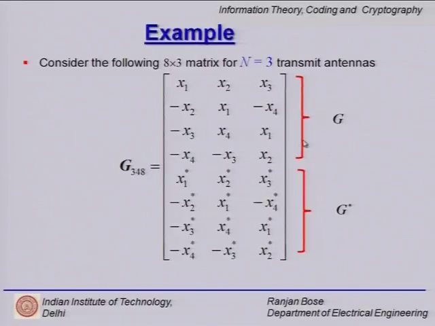The top portion is my G and the lower portion is my G star, and lo and behold, we have our newly constructed generalized complex orthogonal design available, and one can verify that G Hermitian G will give me elements only along the diagonal.